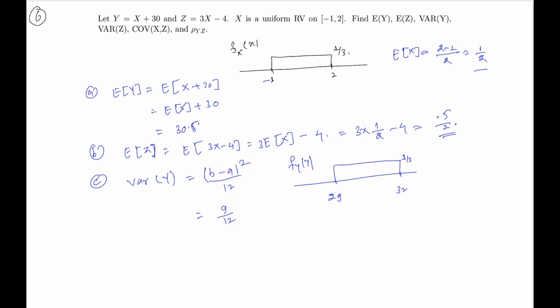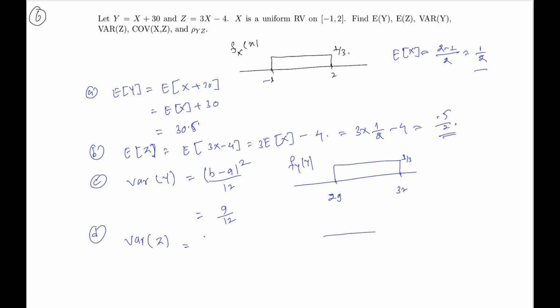Now the next part, D, is to find the variance of this random variable z. That will again be uniformly distributed, right? How can we find the variance of z? Let's first find how the PDF of this random variable z will look. We have already seen the transformation of random variables. First we need to scale the PDF of x by 3.